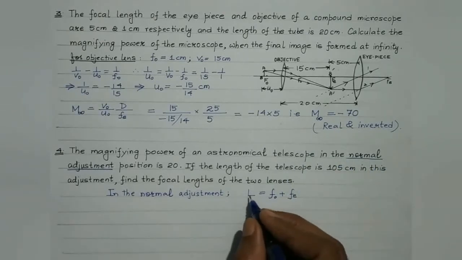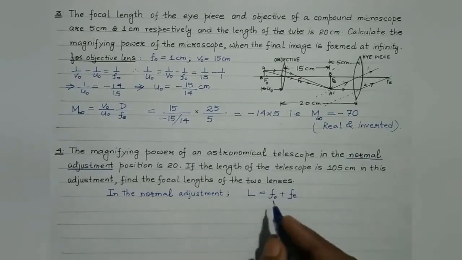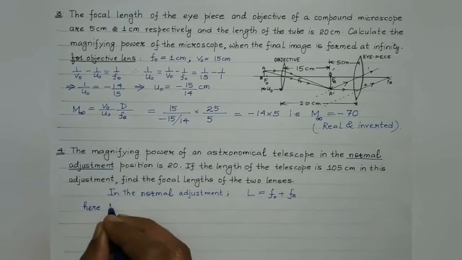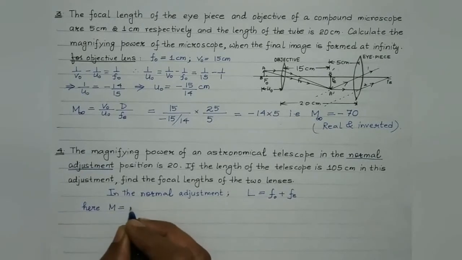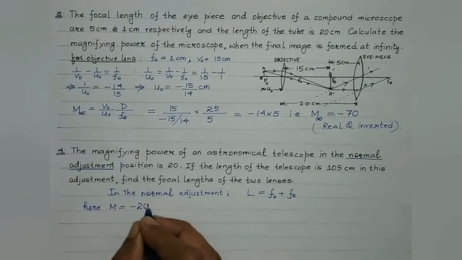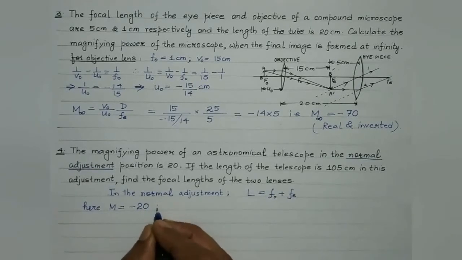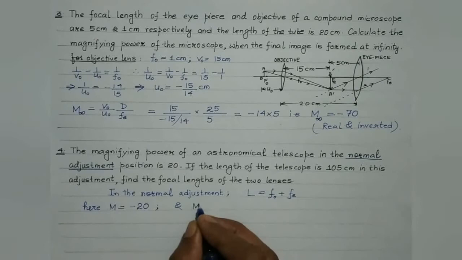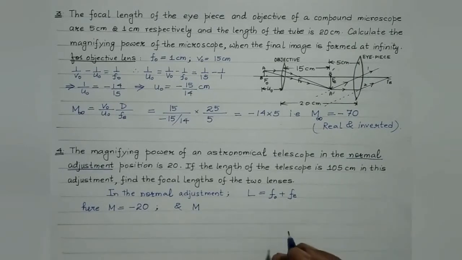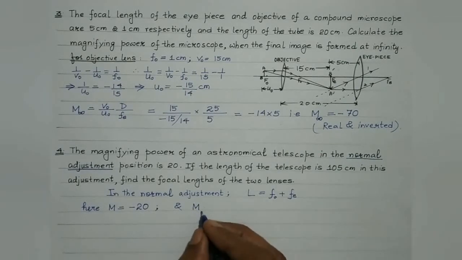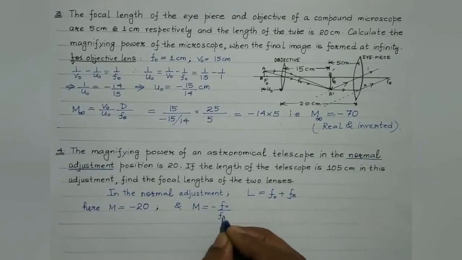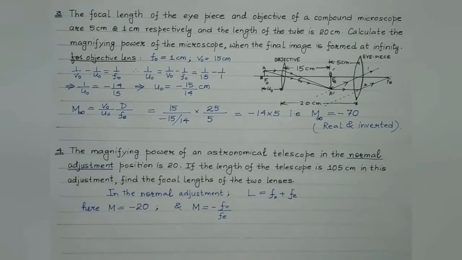So the length of the tube is given by the sum of f0 and fe. Here, m is given to be minus 20. And the magnifying power in the case of normal adjustment is given by minus f0 over fe. So we need to make use of all these formulas.